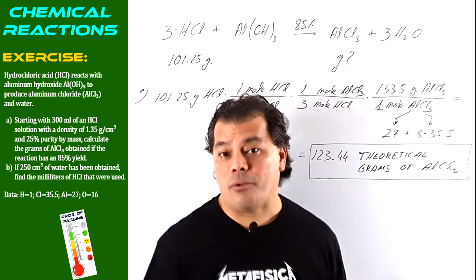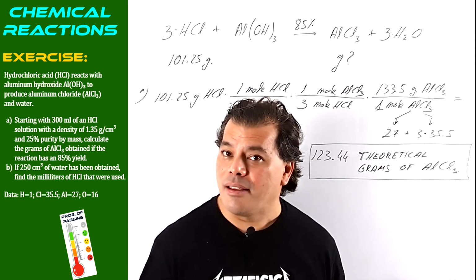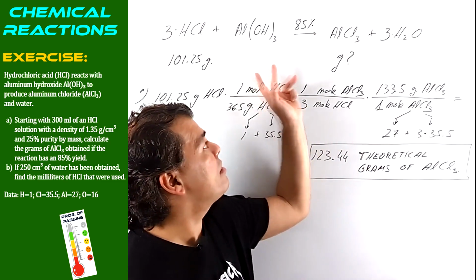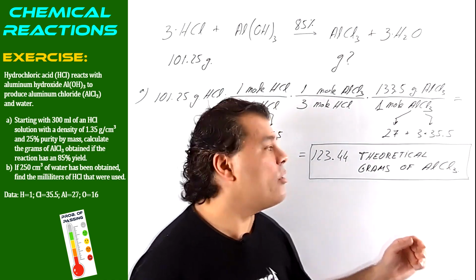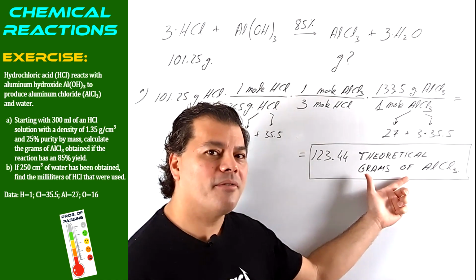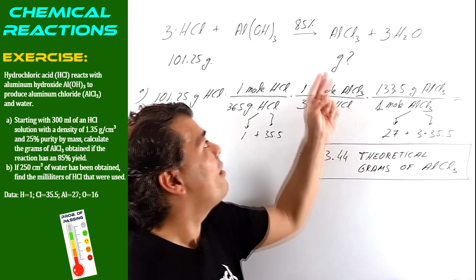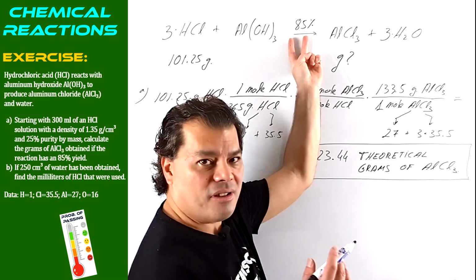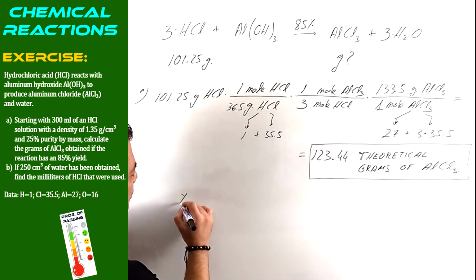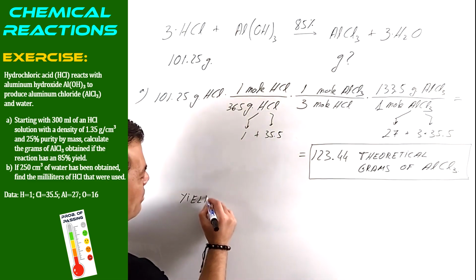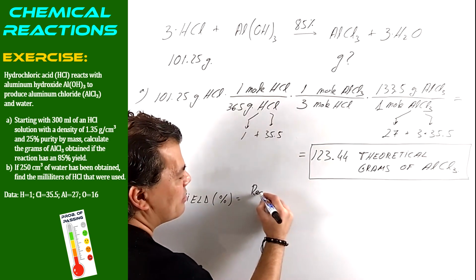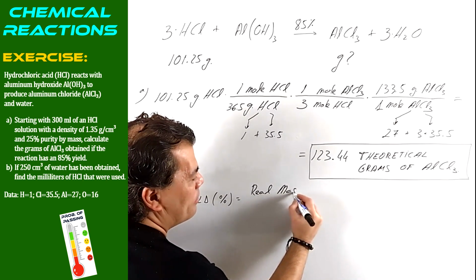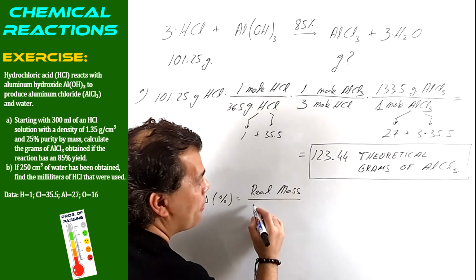That's because in reality nothing is ideal, and there are little masses of substances that don't react, etc. So how can we know the real amount of substance that we will obtain? Using this data, the yield. The yield, that is a percentage, is real mass divided by theoretical mass.